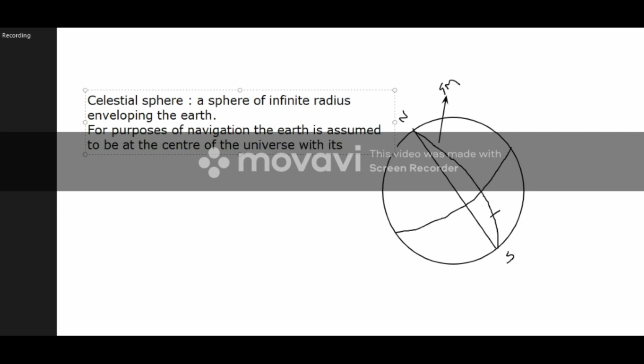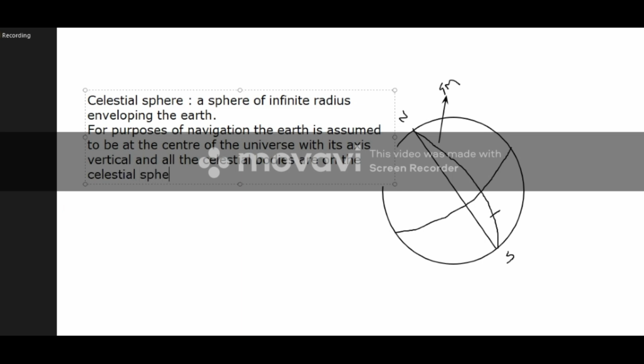Axis is actually tilted, but now axis vertical. And all the celestial bodies are on the celestial sphere.